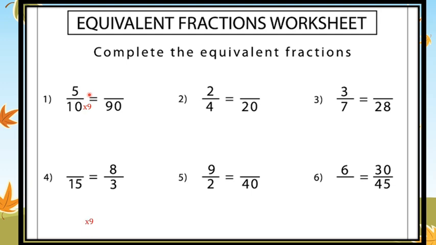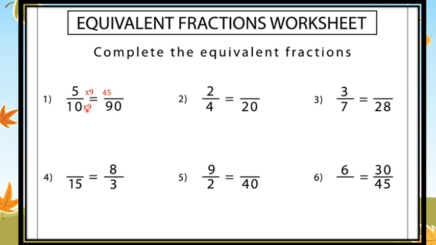So we will multiply the numerator also by 9, and the missing numerator here will be 5 nines are 45. So we get the fraction 45 upon 90 as equivalent to 5 upon 10.